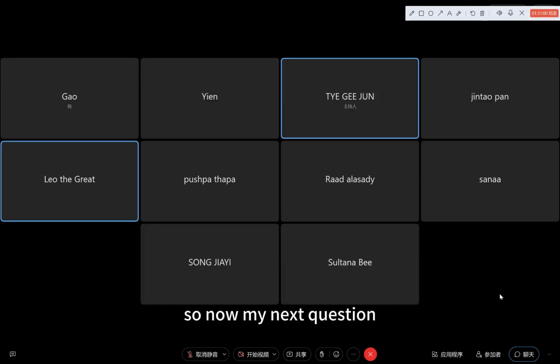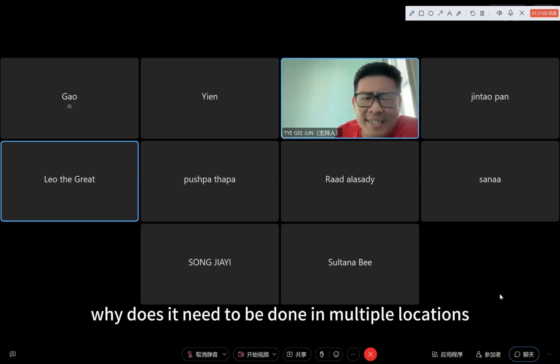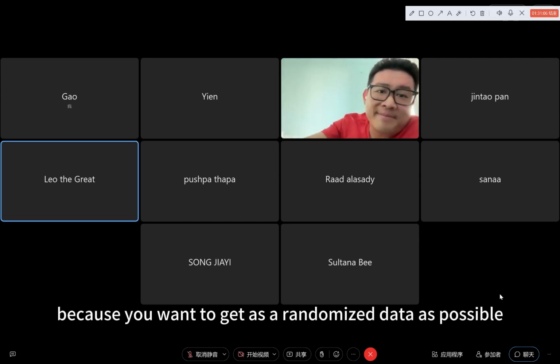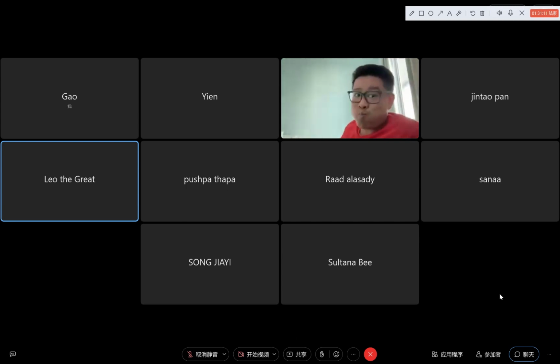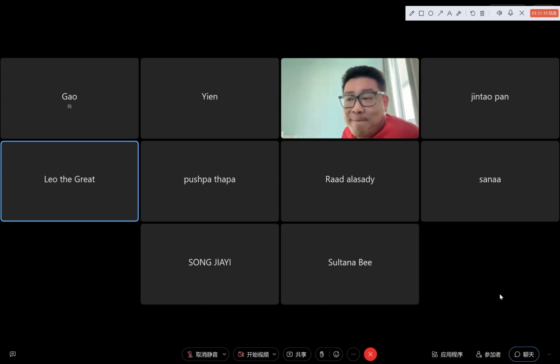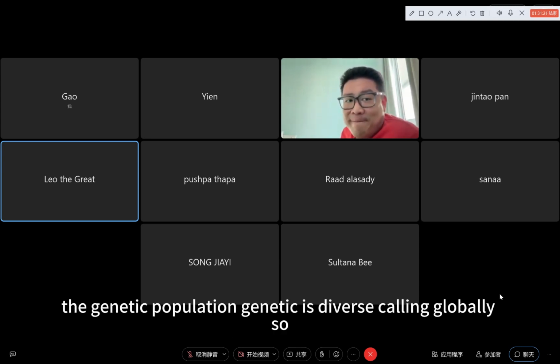Okay, so now my next question: why does it need to be done in multiple locations? Because you want to get as randomized data as possible. I didn't read about this, but if I want to come up with a good reason, it is because the population genetics are diverse globally.